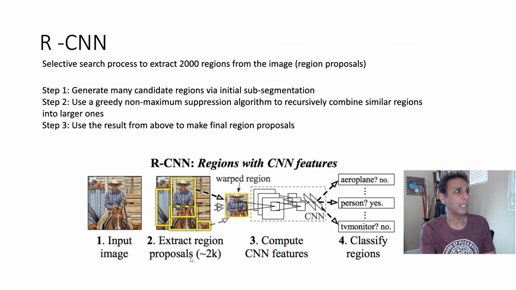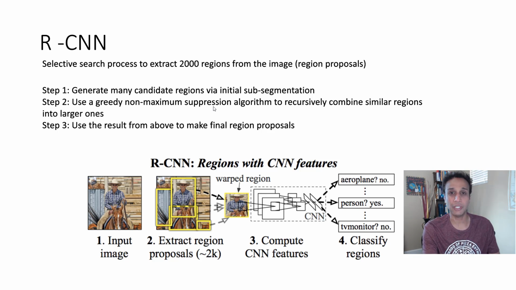Now, how does it work? The selective search process to extract these 2000 regions, first of all, generates many candidate regions via initial subsegmentation. It takes this image and generates many little regions. Then it looks for patterns in these regions and says, these are all similar, so let me group them together. That's step 2, using a greedy algorithm.